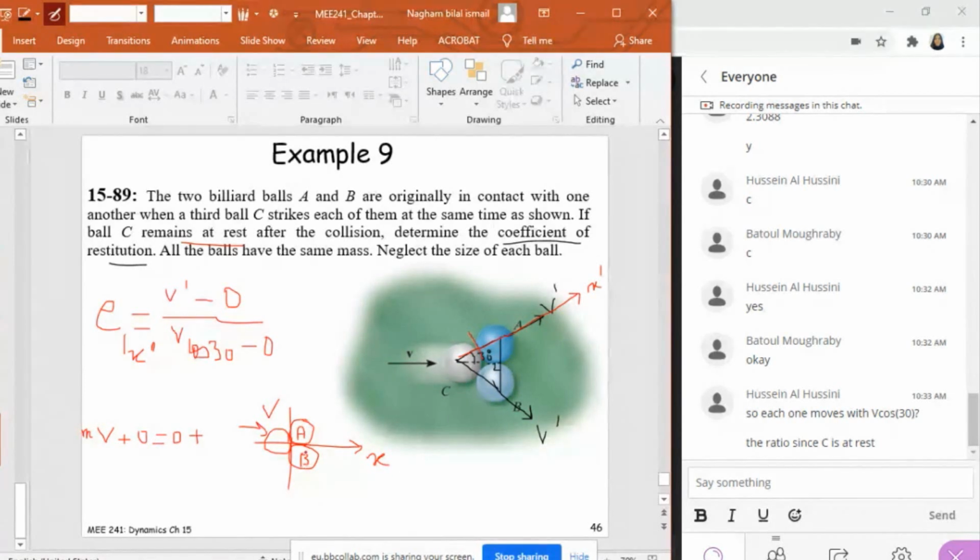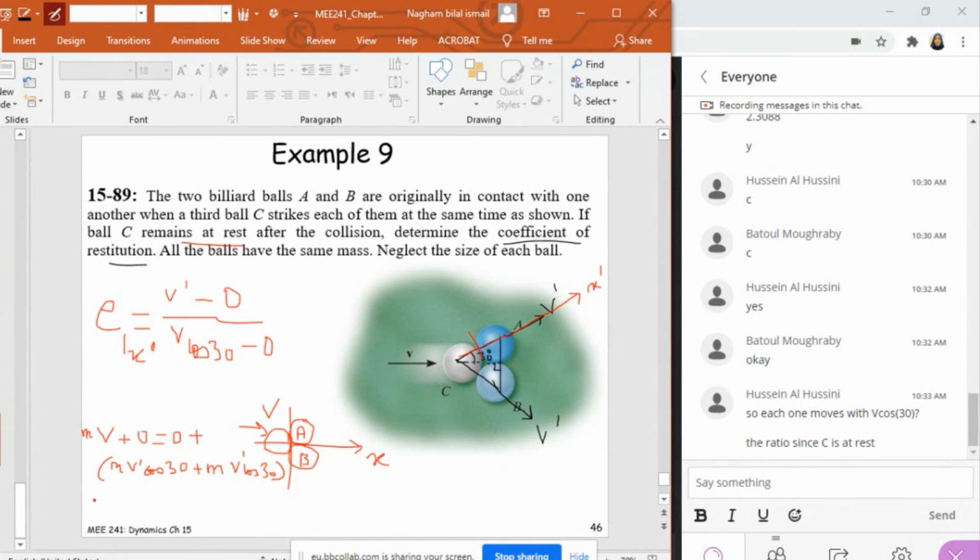Now, what is the velocity of this system of particles? It's in fact the velocity of A on X, which is V prime cosine 30, plus the velocity of B on X, which is also V prime cosine 30, due to symmetry.